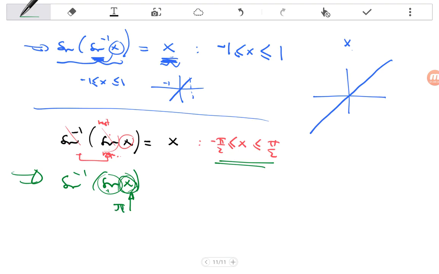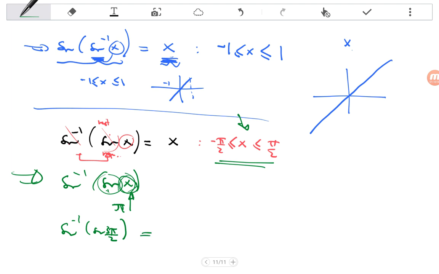In this case, for example, if I had sine inverse of sine 3 pi over 2, that is outside this domain. What would be the result of this statement?